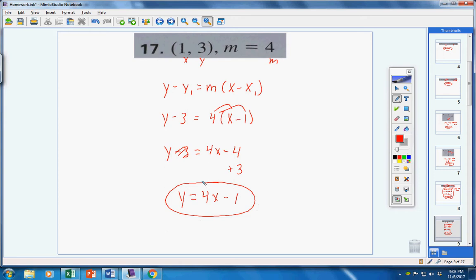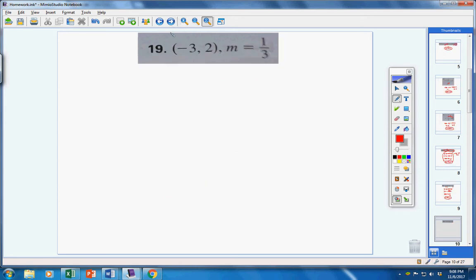Okay, moving on to number 19. Here we go. We're given a point and a slope. So here's the formula we're going to use. Here's my x, my y, and my m. So y minus 2 equals m, which is 1/3, times x minus negative 3. Now here we go. y minus 2, no simplifying that I can do here.